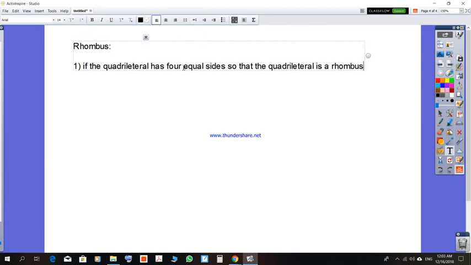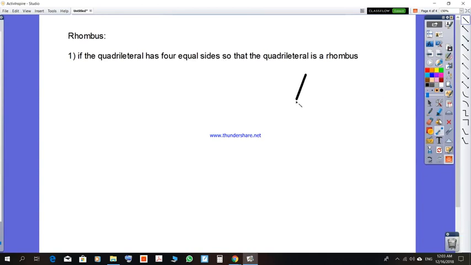If I prove that we have four equal sides, just four equal sides, we can say that the quadrilateral is a rhombus. This is a rhombus.